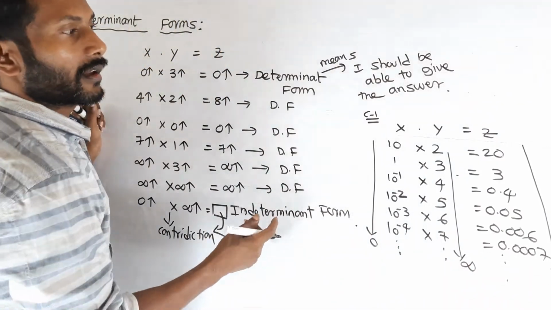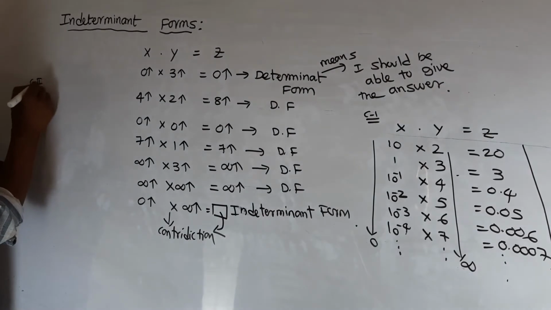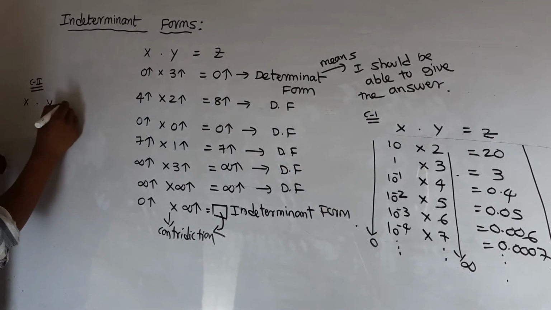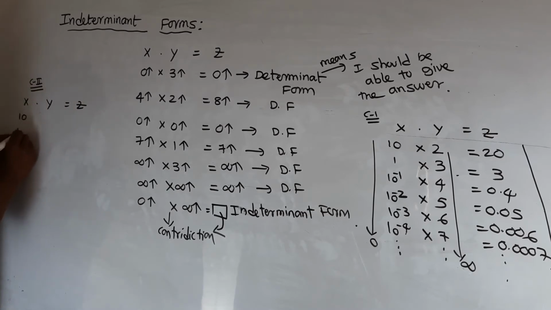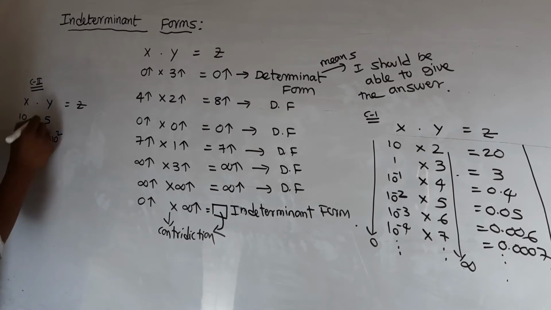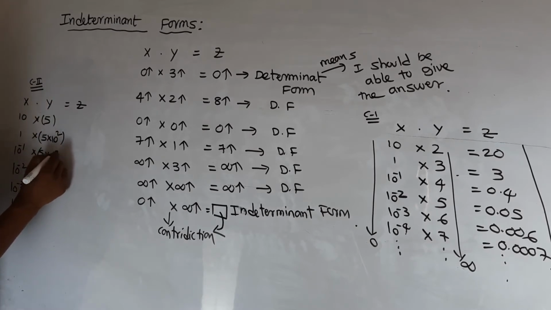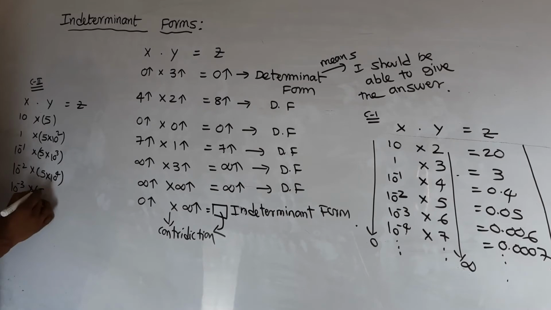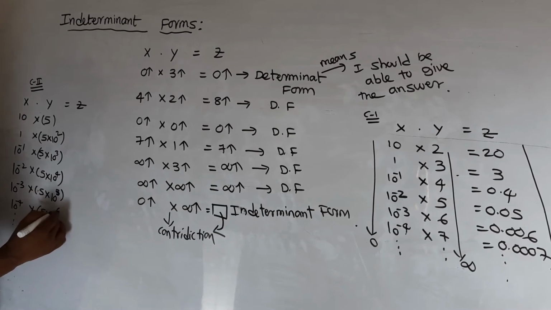Case 2. x, y and z. x is 10, 1, 10 power minus 1, 10 power minus 2, 10 power minus 3, and so on, that is 0.1, 0.01, 0.001. y is 5 into 10 square, 5 into 10 cube, 5 into 10 power 4, 5 into 10 power 5, 5 into 10 power 6.